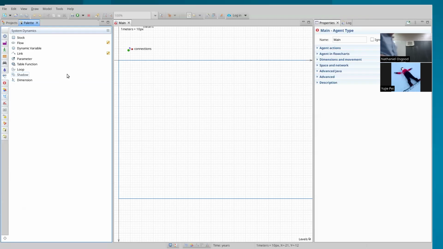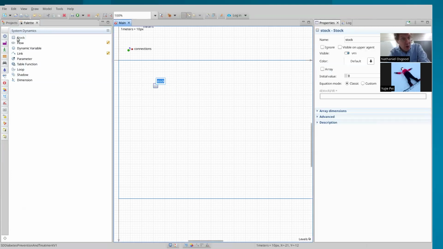So let's bend our backs to the task of putting in place structure. We're going to build up structure from this palette. And the first component is we're going to add in a stock. So we go over here, click on it, and drag and drop. Okay. And this stock is going to represent our focal population for the first few minutes.